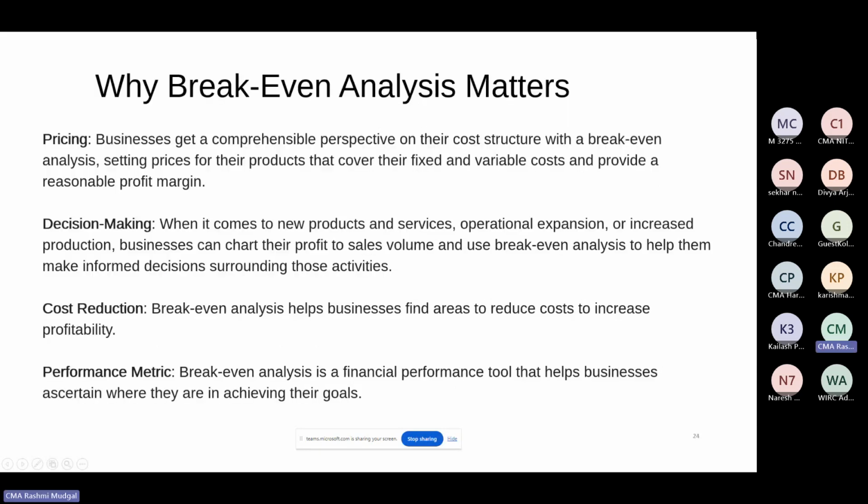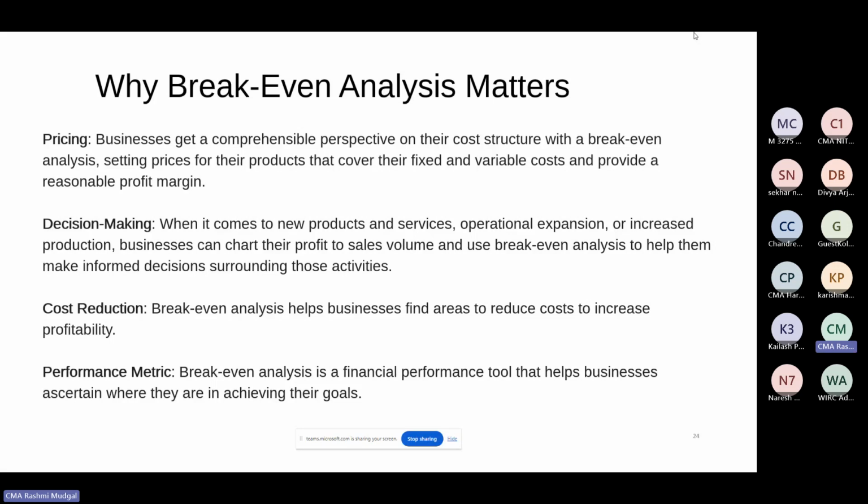So in the next point, why am I studying it, why is it necessary for management and decision making? I am looking at the pricing. Firstly, I need to see the pricing. If I am able to get a higher price, then I will be able to reach break even.